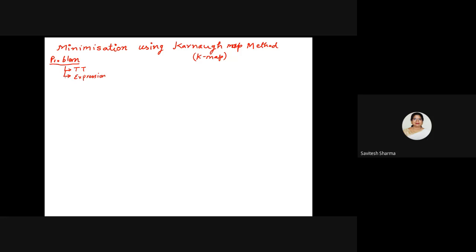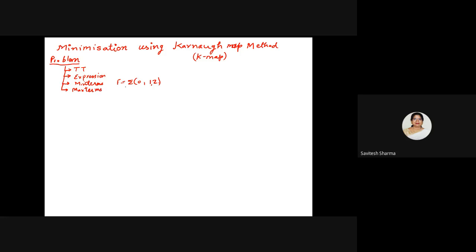Maybe the problem is given in terms of min terms, defined like this, or max terms are given.